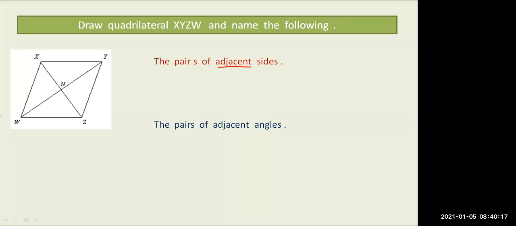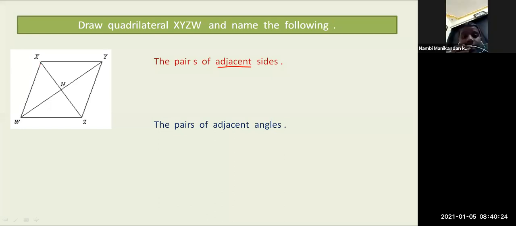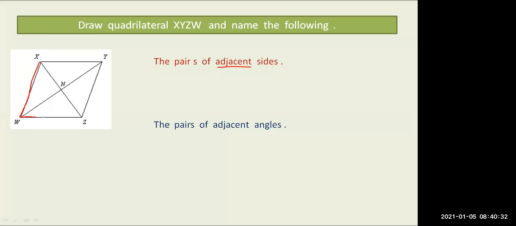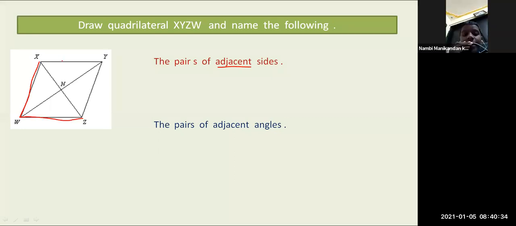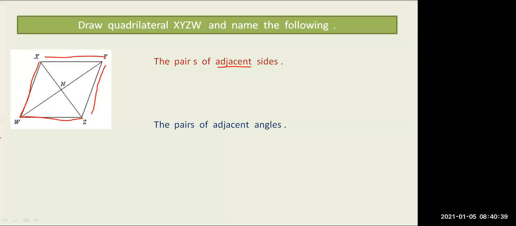Okay. Now tell me the name of the adjacent sides. Sides which are exactly neighboring to each other. XW, yes. Side XW, side WZ, very good. Side ZY, side YX. Very good. These are the two adjacent sides, and these are the two adjacent sides. Very nice.